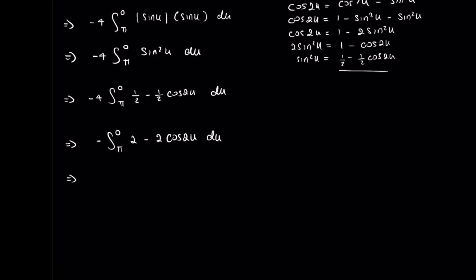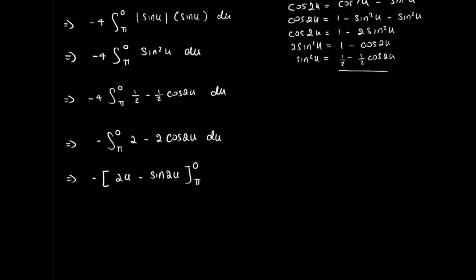Now doing the actual integration, we get 2u minus sine 2u, and that will be between pi and 0.